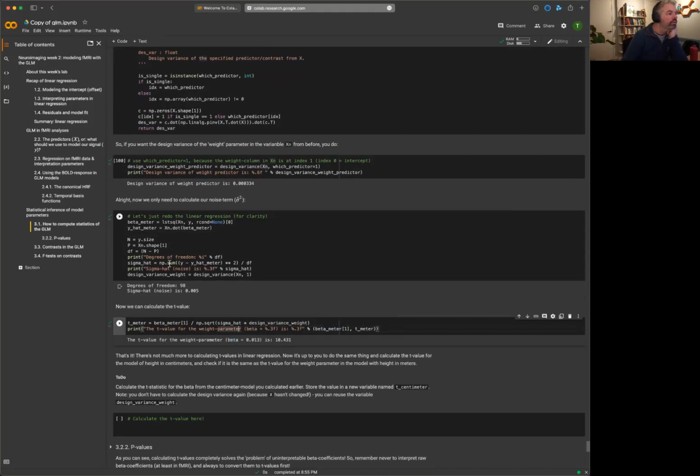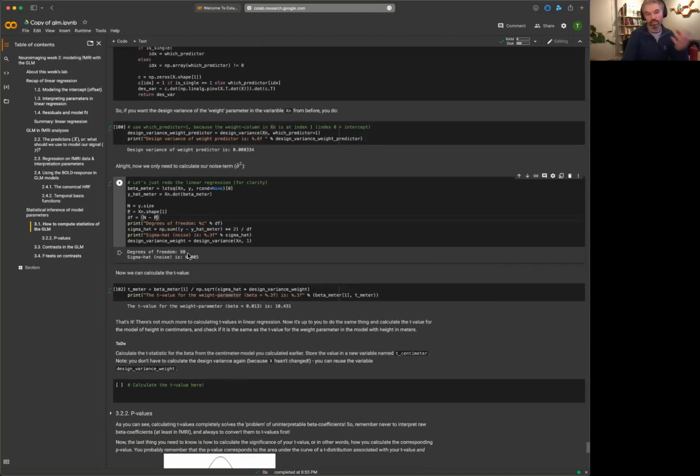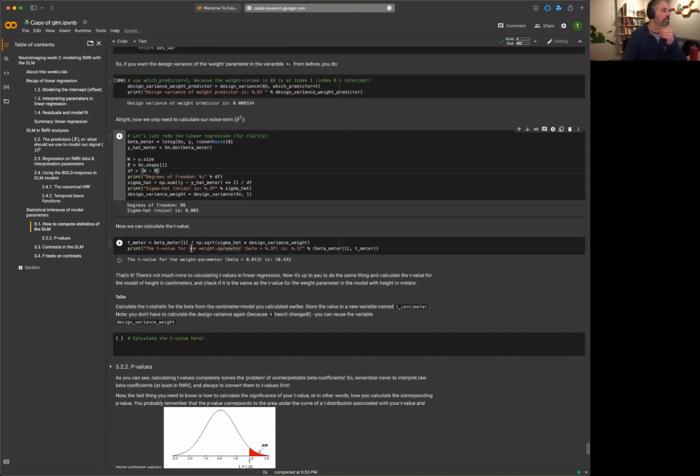So if you go through this, here's the sum of squared errors. We calculate degrees of freedom from the amount of time points in our data and the rank of the design matrix, that's the amount of columns in the design matrix. And we get a t-value.